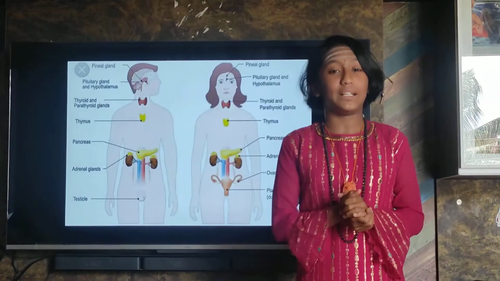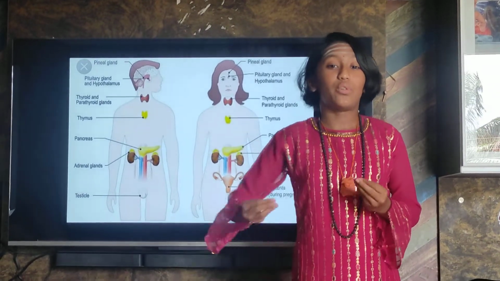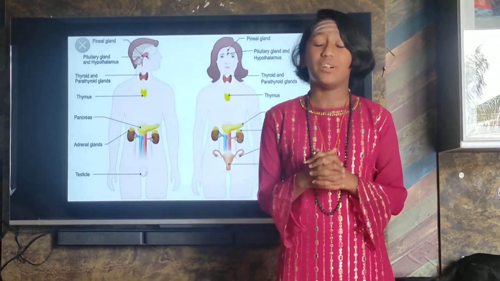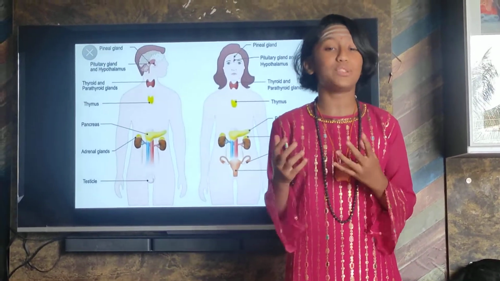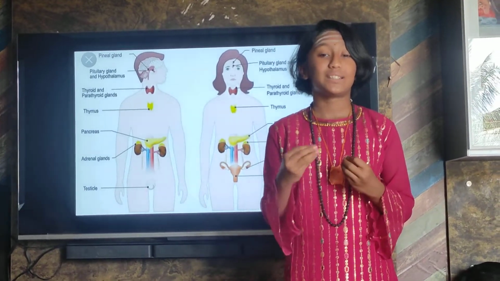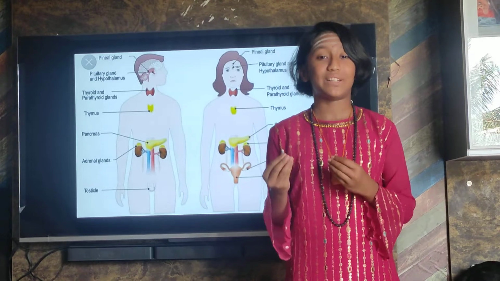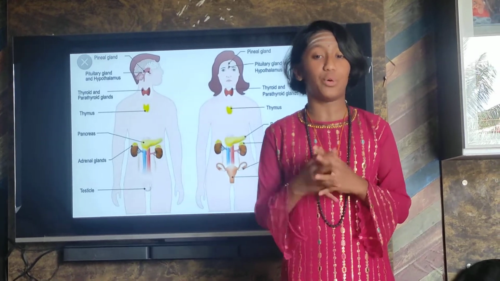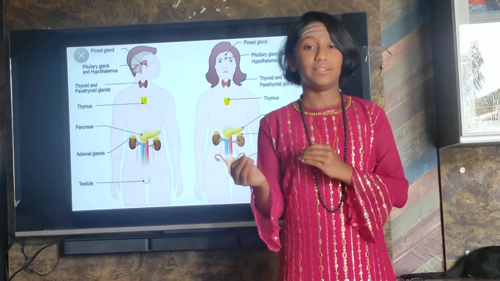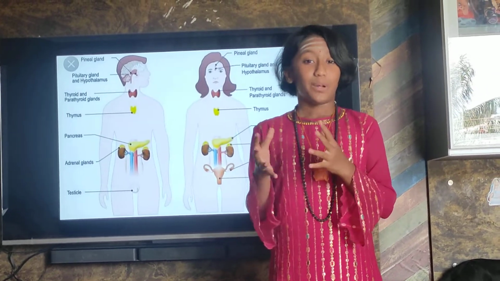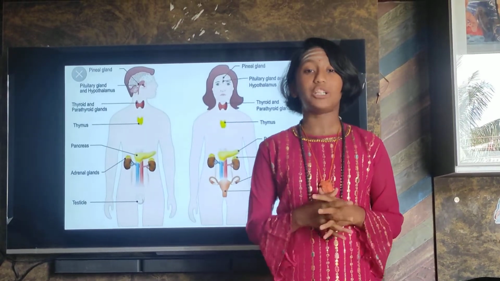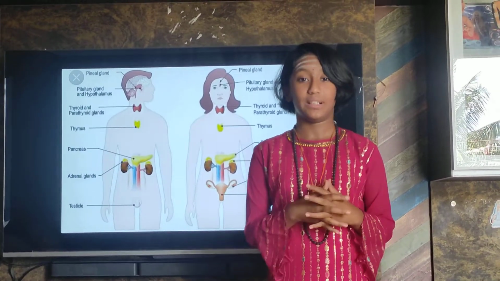Now we are going to study the changes in our body due to secretion of hormones. First of all, growth hormone stimulates the growth of our cells, bones and tissues. Next, antidiuretic hormone is produced by the pituitary gland to prevent the formation of a large amount of urine.